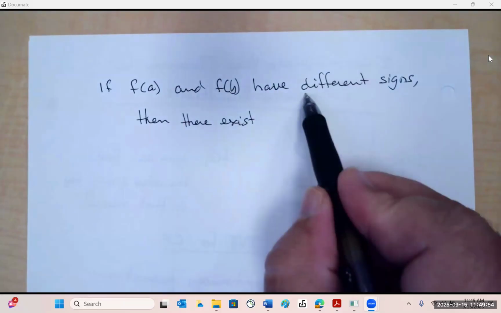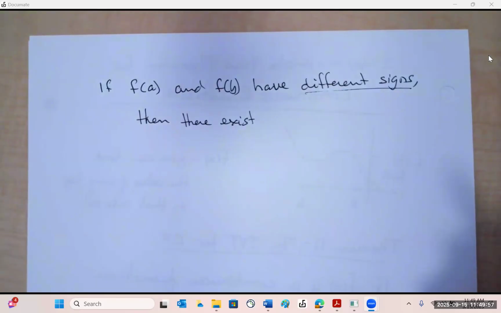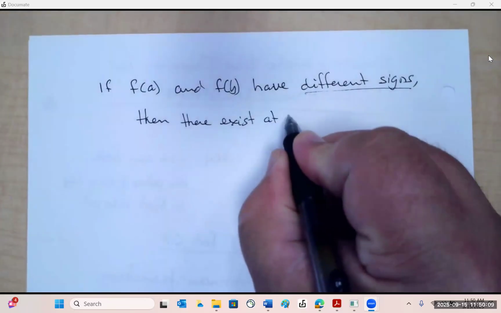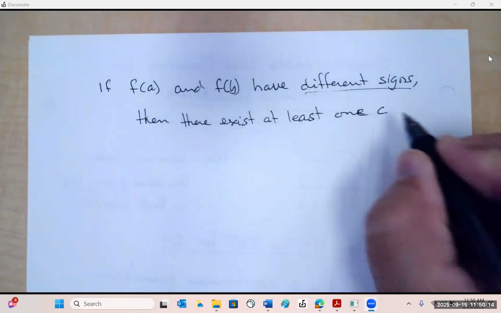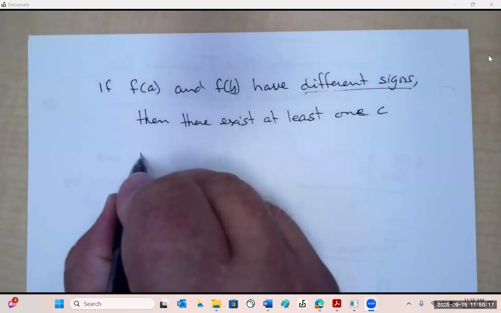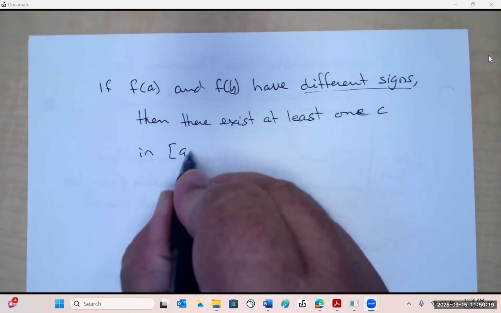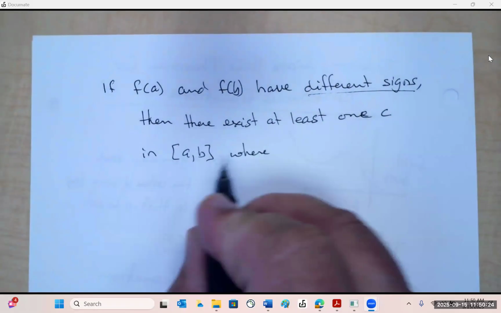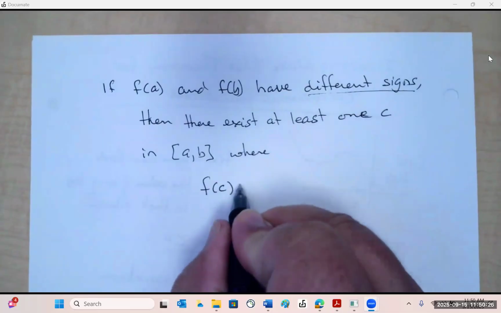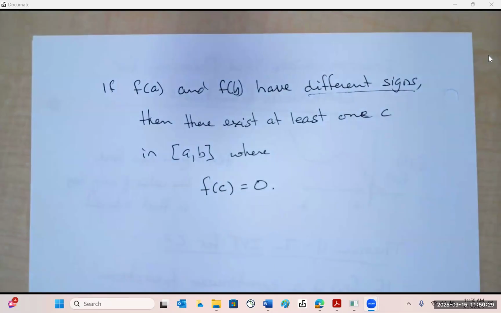What does it mean by different signs? Yeah, one's positive, one's negative. It's a continuous function. If they both have different signs, what does that tell us? Then there exists at least one c in that closed interval where the function at c equals 0.